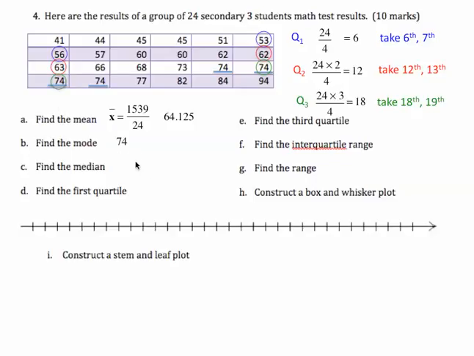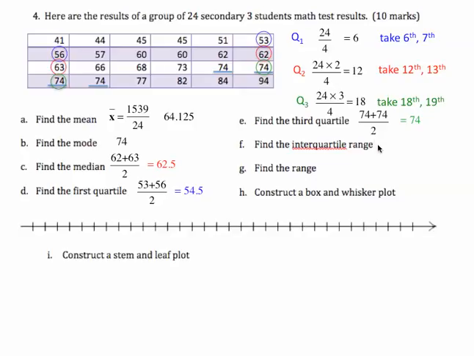So to find the median, it's the 2 middle values, 62 and 63, and I take the average of that. That gives me 62.5. For the first quartile, it's 53 and 56, so I take the average of those, and that gives me 54.5. For the third quartile, that's just 74.